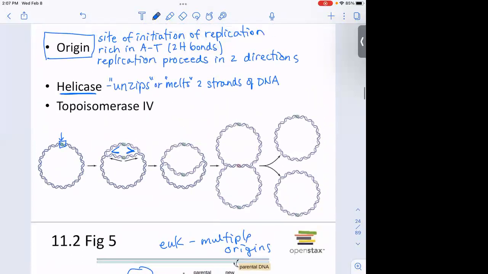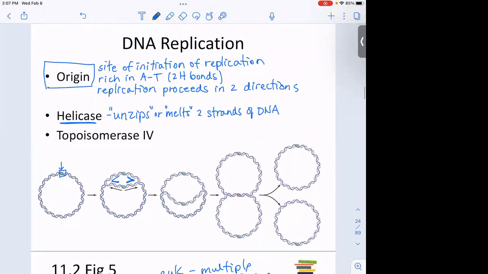That last enzyme that I want to talk about, topoisomerase 4. This is important to resolve something called a concatemer. So this is something that's unique to prokaryotic replication because it's got a circular structure.